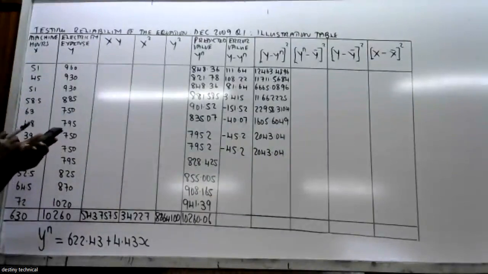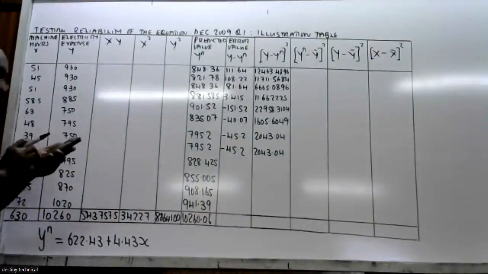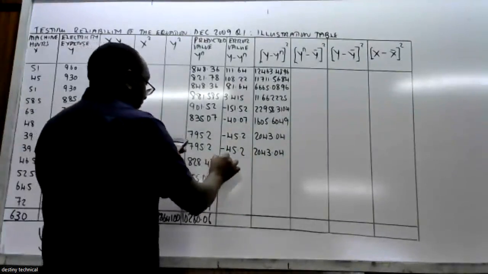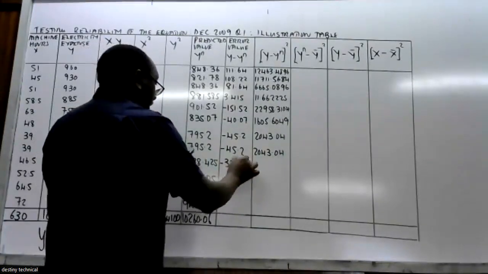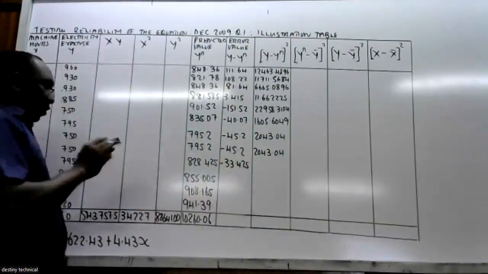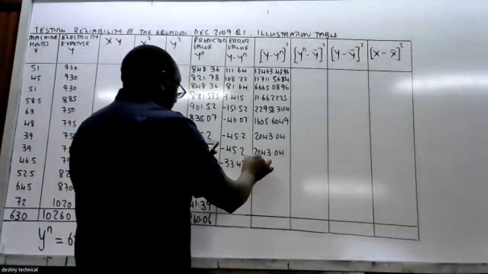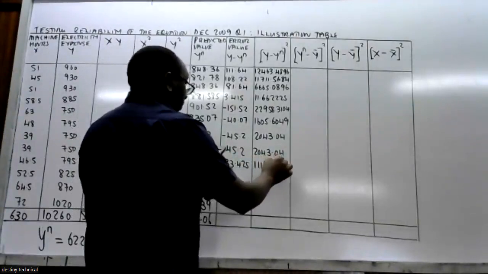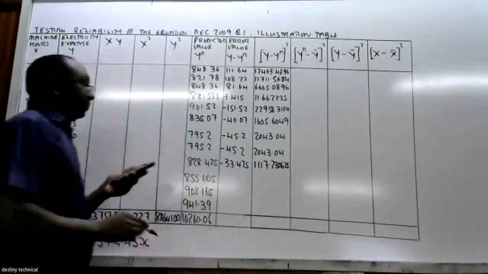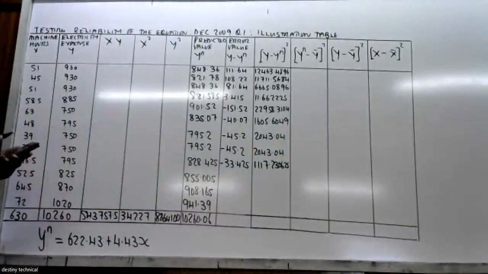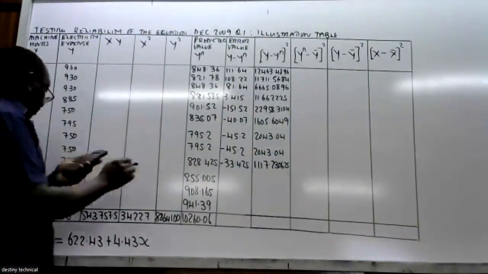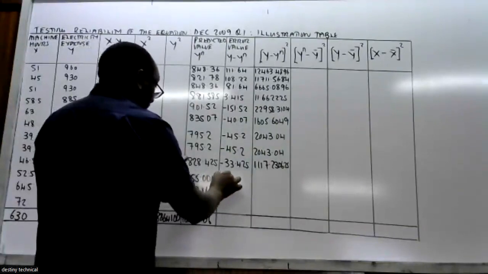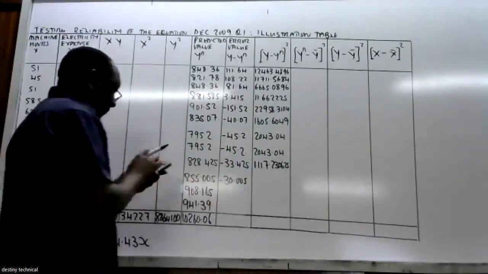795 minus 828.425, negative 33.425. I square that, it is 1117.230625. 825 minus 855.005 is negative 30.005.